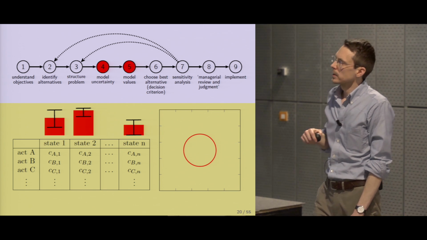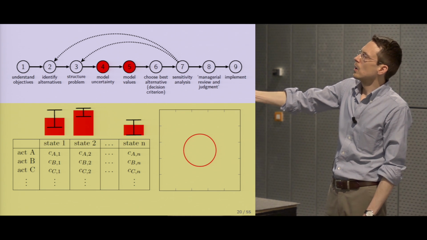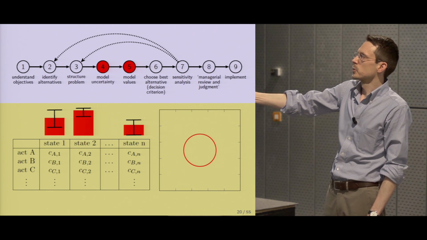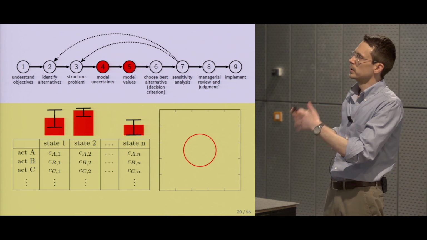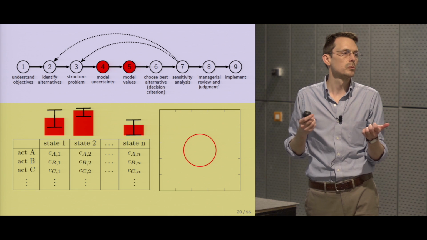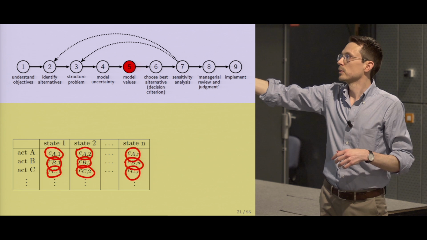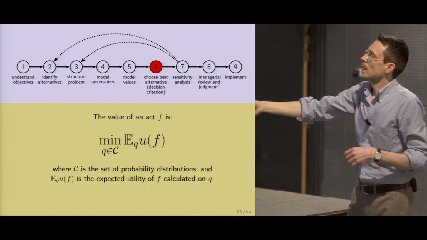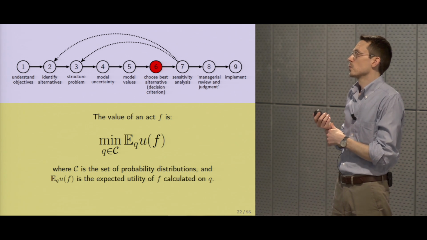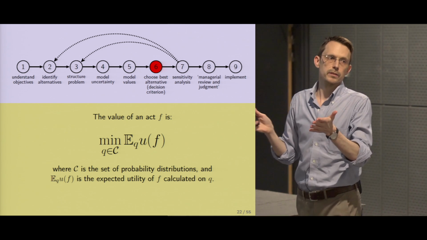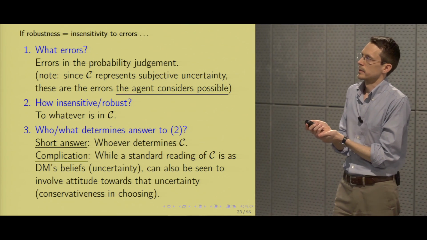As Brian discussed yesterday, you may want to interpret this as, to some degree, both modeling uncertainty and values, because you can think of it partly reflecting beliefs and partly reflecting how conservative one wants to be. Then there are also more values when it comes to putting utilities on those consequences. And then the criterion is to value each act as the worst expected utility looking across that set of functions. And that's it for that.